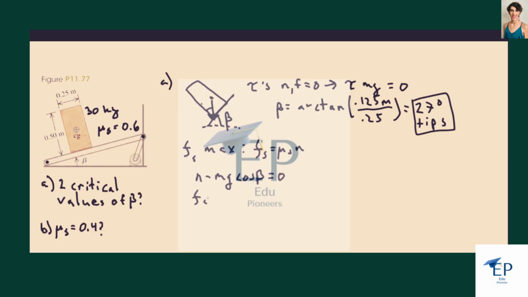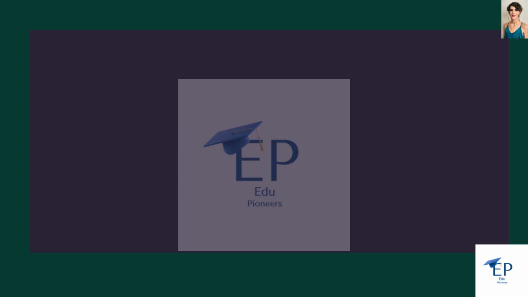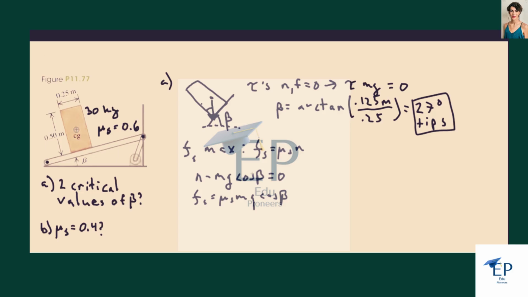So F sub s equals mu s mg cosine of beta. I'm sorry, this is using coordinates that are inclined with the hay bale. So that's why the normal force is only in the y direction and the friction force is only in the x direction.